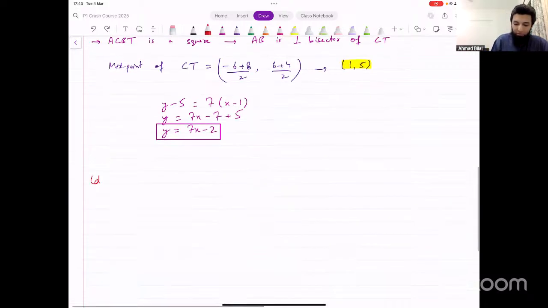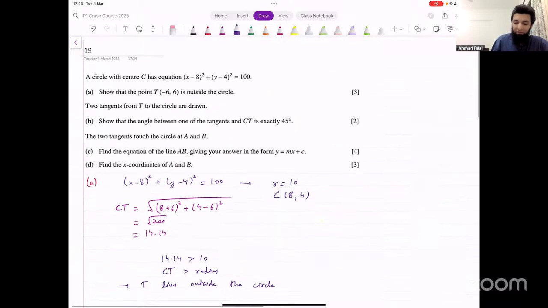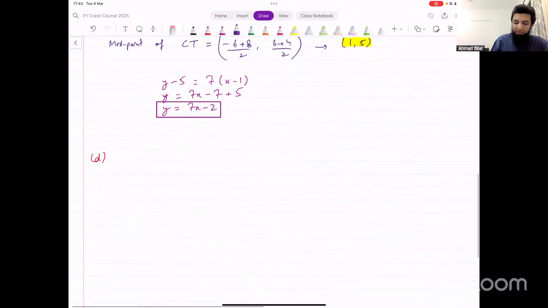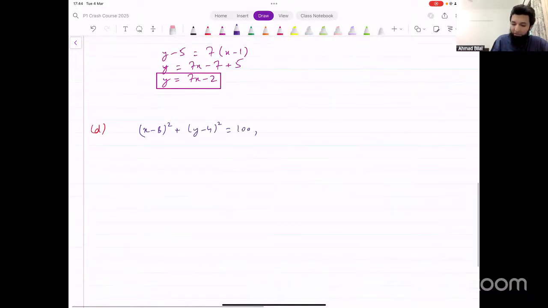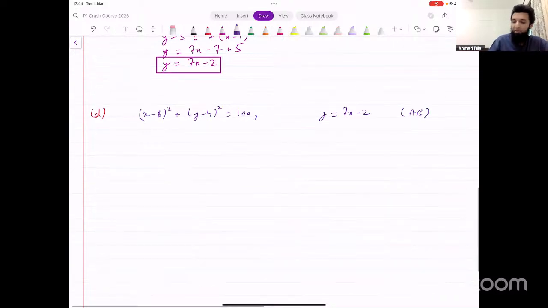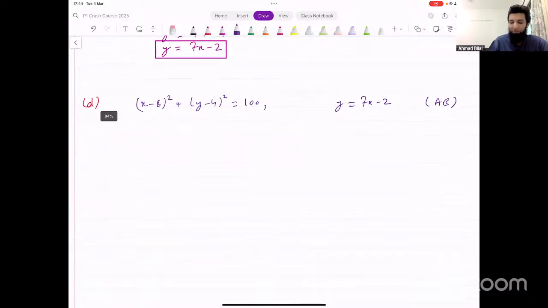So we have the equation of the circle already given. x minus 8 whole squared plus y minus 4 whole squared equals 100. That's the equation of the circle. Equation of AB is y equals 7x minus 2. A and B are points of intersection of these two equations.